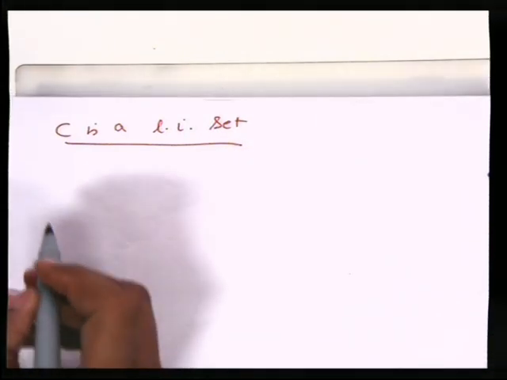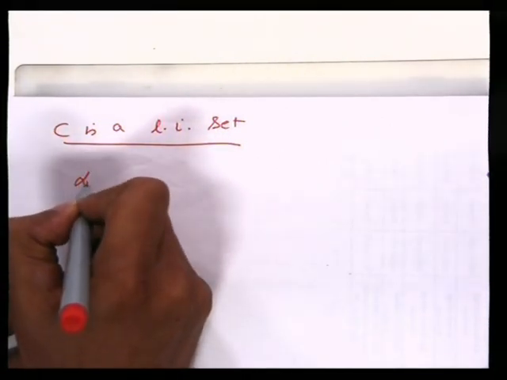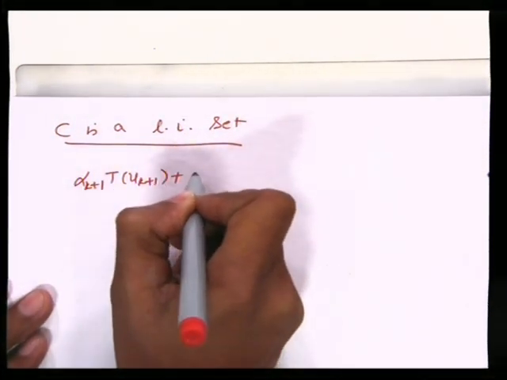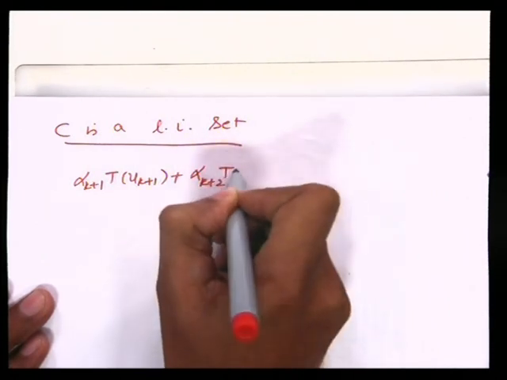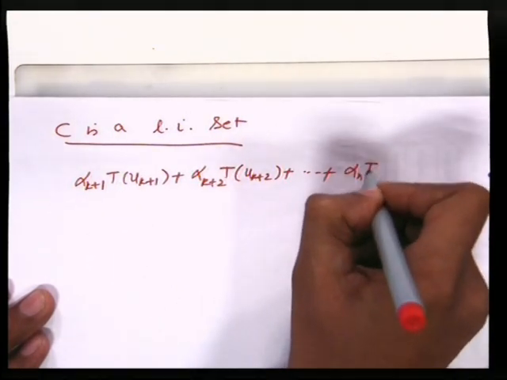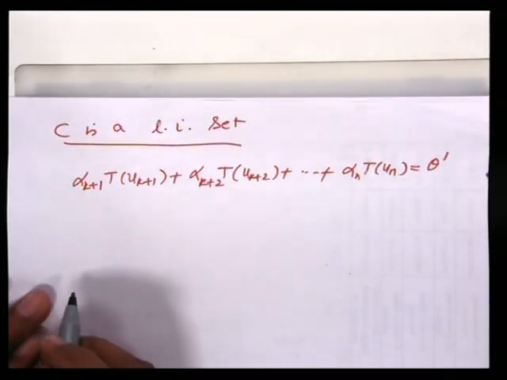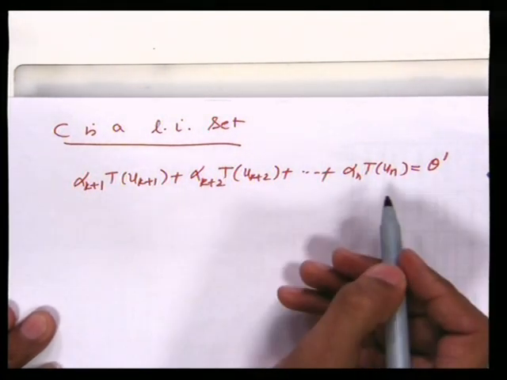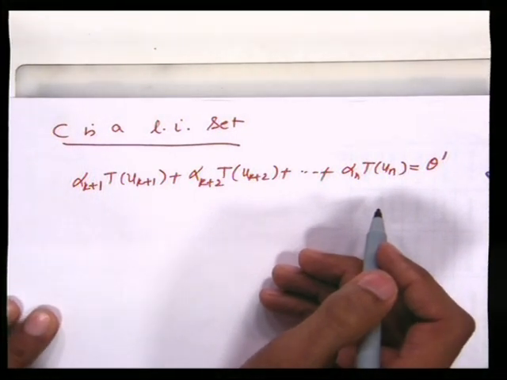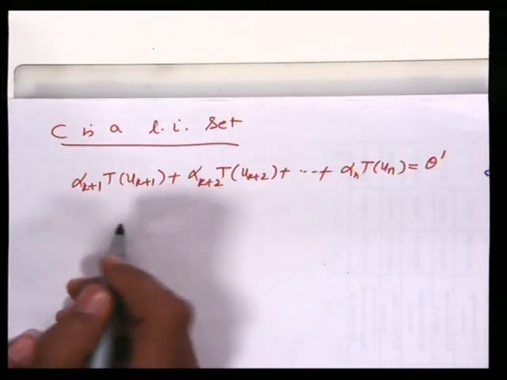For this, take a linear combination of vectors of C. So let alpha k plus 1 times T of uk plus 1 plus alpha k plus 2 times T of uk plus 2 plus up to alpha n times T of un be equal to theta dash, because T of uk plus 1, T of uk plus 2, up to T of un are all vectors of the codomain space V, and theta dash is the zero vector of the codomain space V. Suppose this linear combination is equal to theta dash.